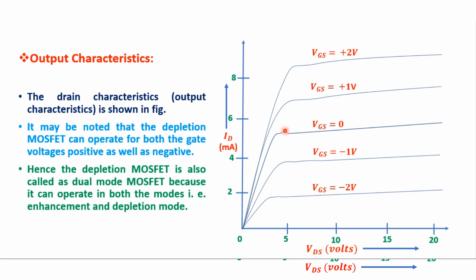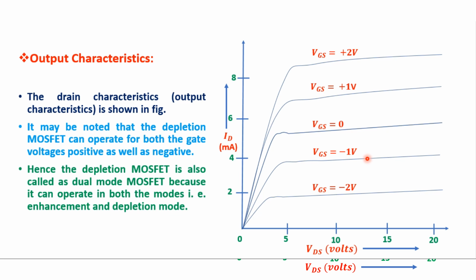Drain current increases up to a certain value for gate to source voltage equal to 0, and then ID becomes constant for all higher drain to source voltage. This value of drain to source voltage is called the pinch off voltage, and beyond this pinch off voltage, this region is called the saturation region for the drain current.